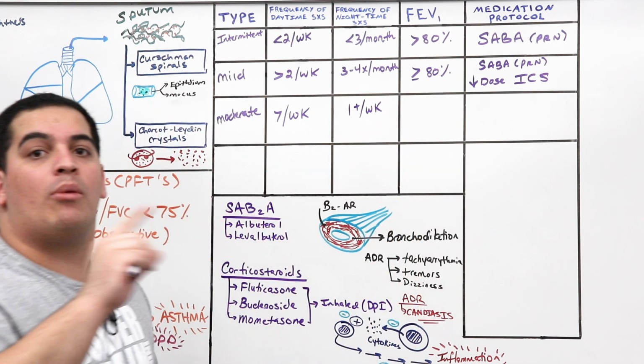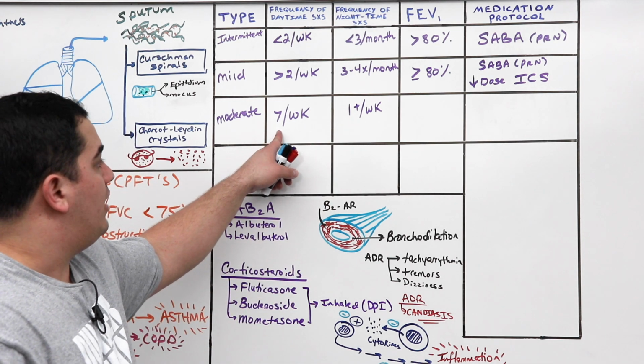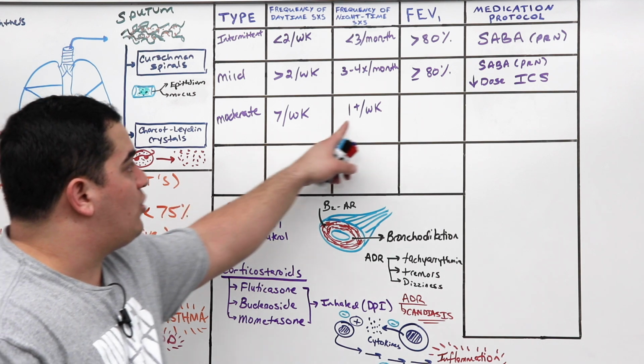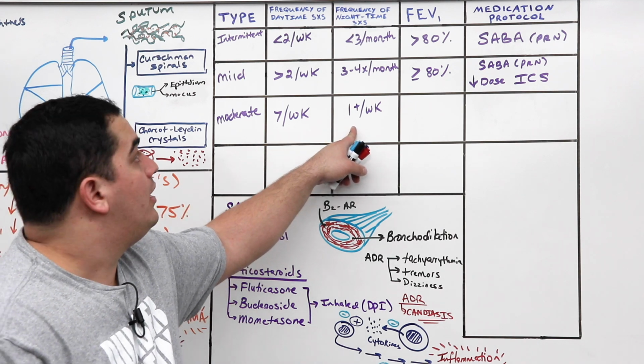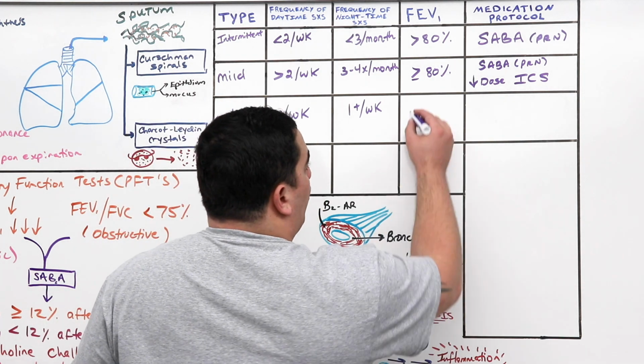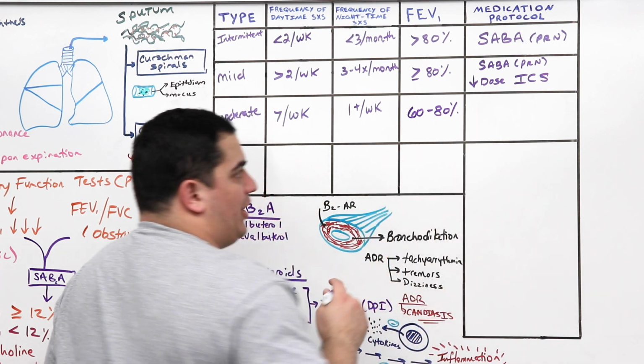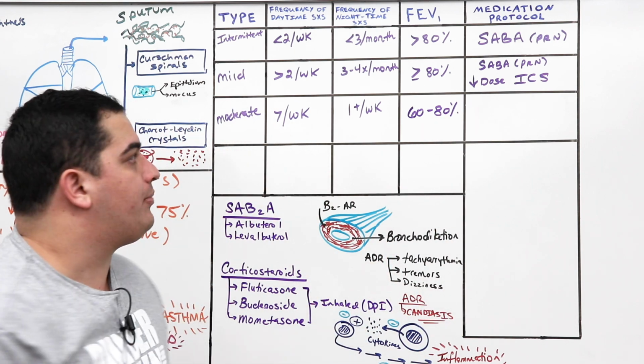So 7 times per week for the daytime symptoms, 1 or more for the nighttime symptoms. Now the FEV1 might drop. We might see it go between 60 to 80% between the exacerbations.